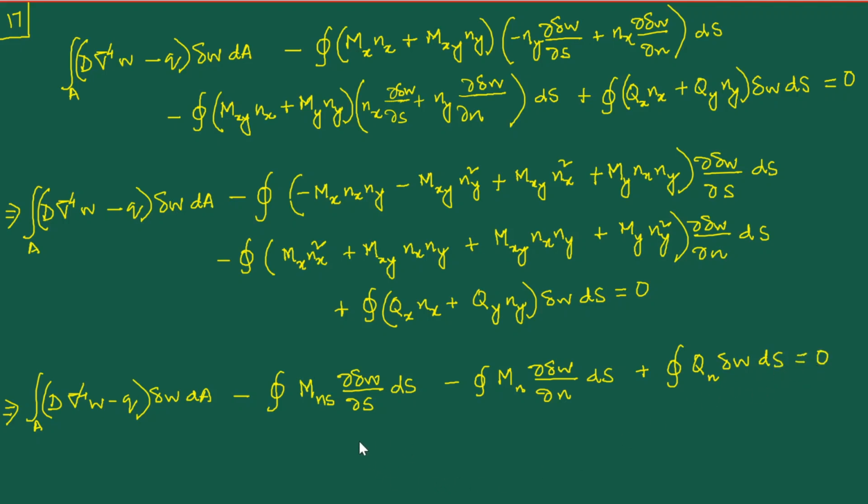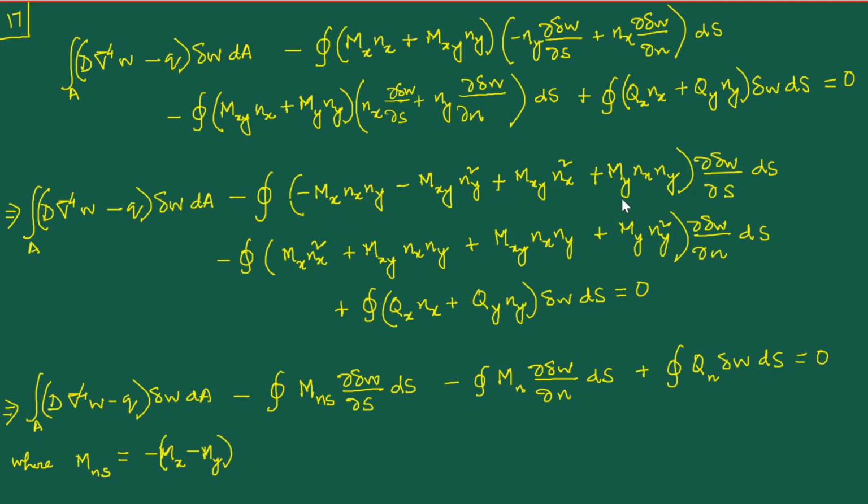So what has gone on here? Let me just write that properly, where I'm using mns is equal to mx minus my.